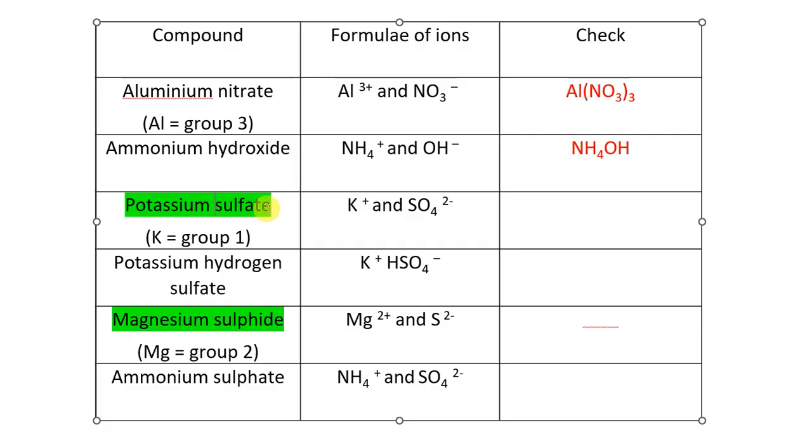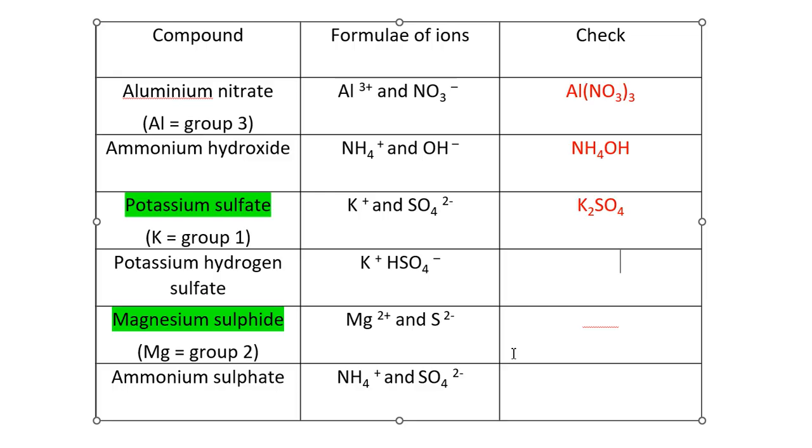Potassium sulfate. Potassium group 1, K+. Sulfate, polyatomic ion from sulfuric acid, H2SO4, 2 hydrogen ions lost, SO4 2-. I need 2 of my K+ to balance the SO4 2-. There's my formula, K2SO4.